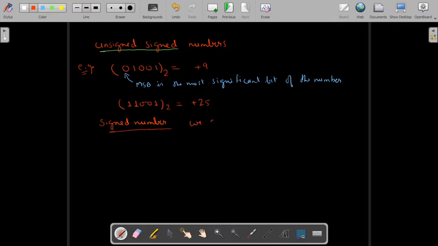So in case of signed numbers, we use an additional bit to represent the sign of a number.